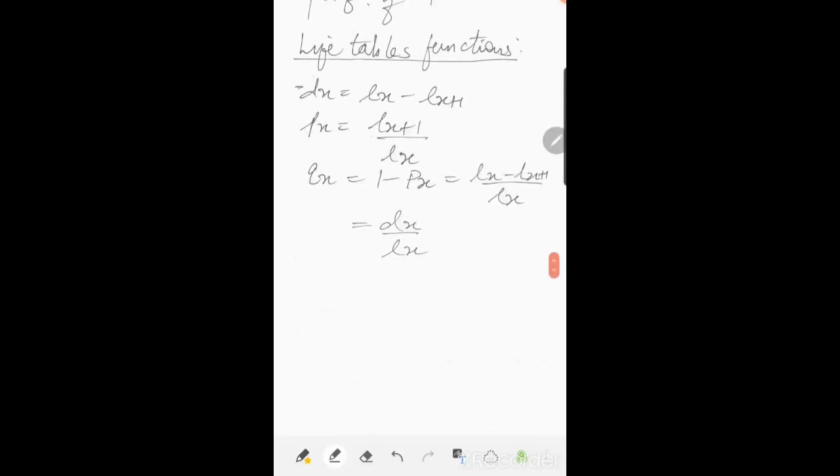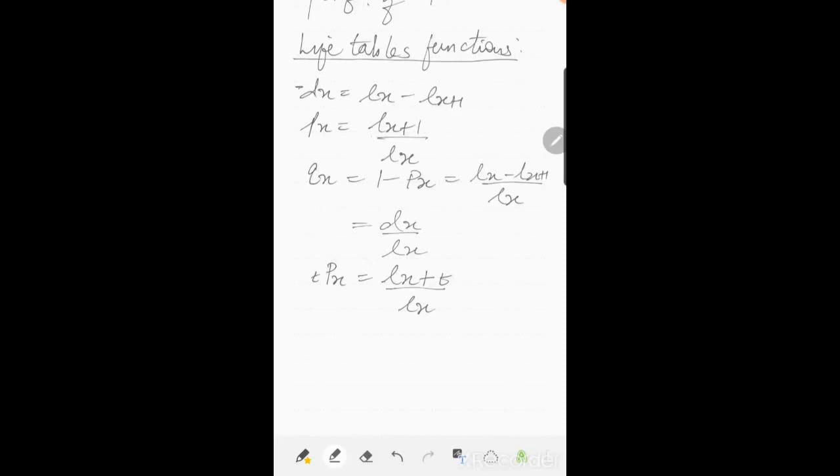In this case, our t in this qx is just 1. A general formula for survival is tpx equal to lx plus t over lx. So this is the life table function for the survival function.